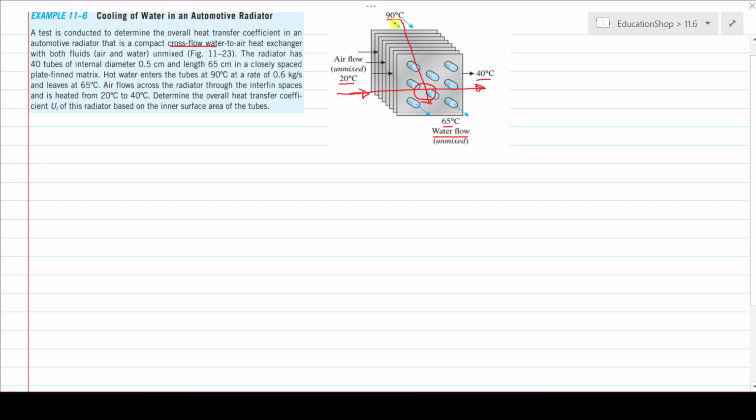This is the hot water that enters this tube. Airflow across the radiator through the interfin spaces, and it is heated from 20 centigrade to 40 centigrade. Determine the overall heat transfer coefficient Ui of the radiator based on the inner surface area of the tube.